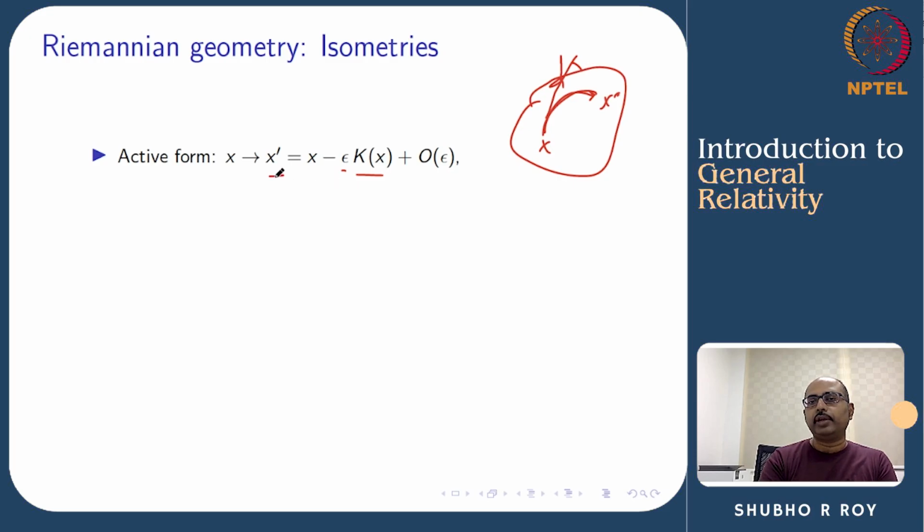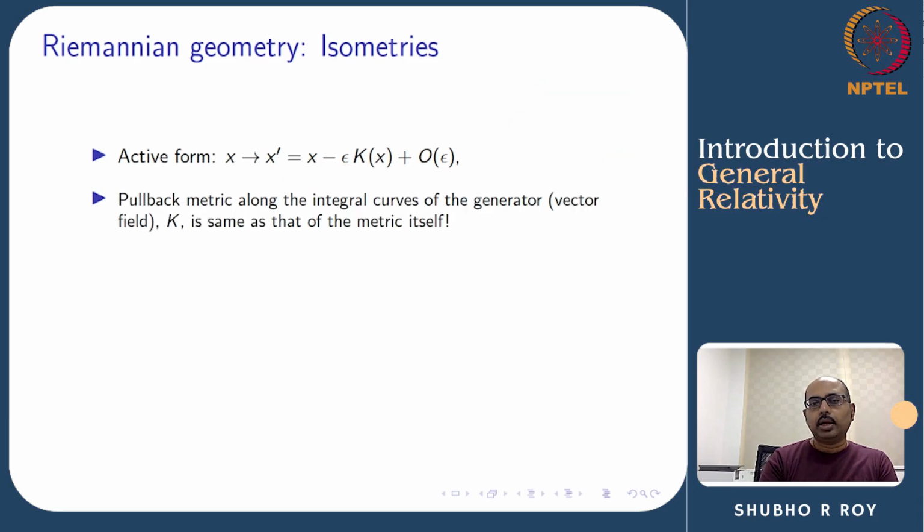So this way of writing should make it clear. When we learn about integral curves, we know the integral curve has a generator, which is the vector field, and two points in the integral curve generated by the vector field k are given by this form. So we have a diffeomorphism which is a result of a flow along the integral curve generated by k.